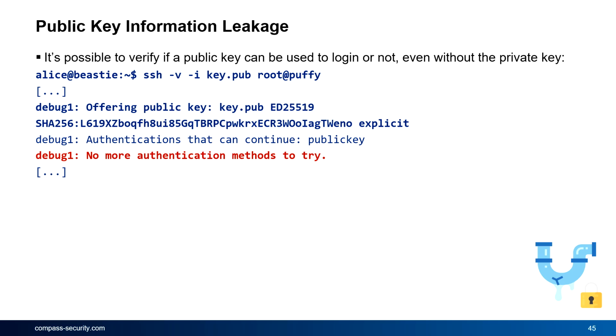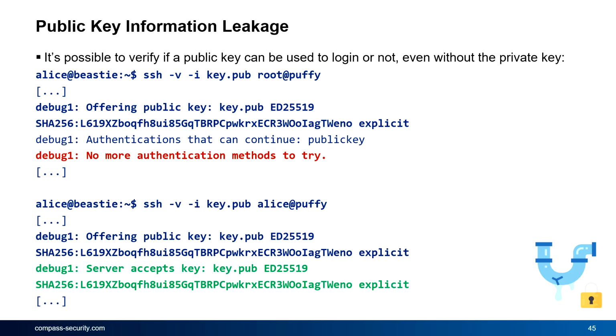So we have seen before that you send your public keys to a server when you authenticate, and now it's also possible to verify if a public key can be used to log in or not, even if you don't have the private key. So if you start a login and you specify a public key, in this case for the user root on the host Puffy, then the SSH client will send the public key to the server, and in this case the server does not accept the public key and the authentication will continue with the next method.